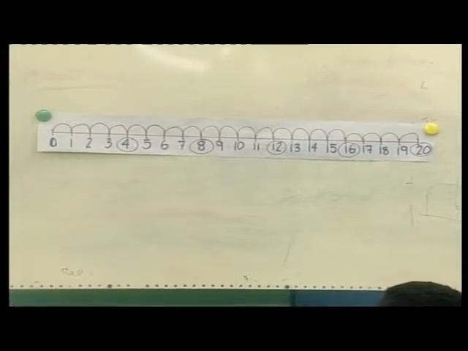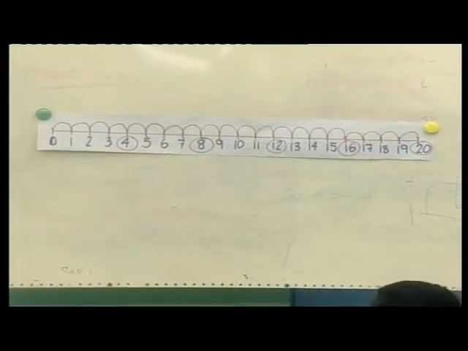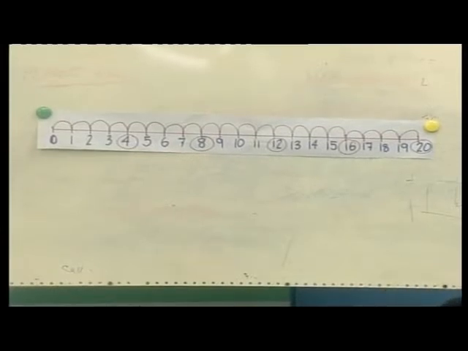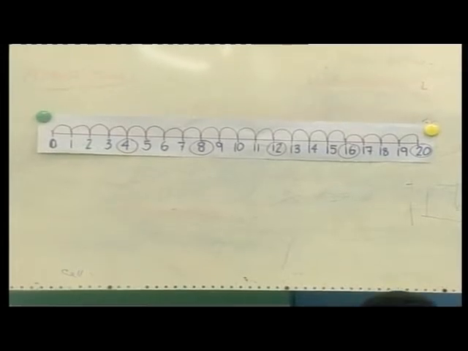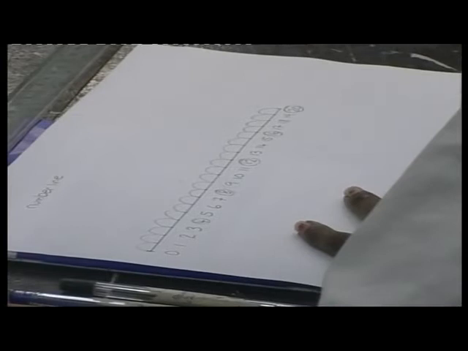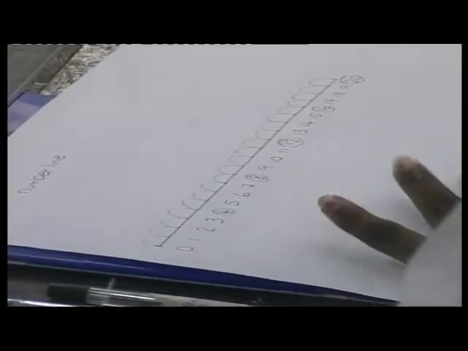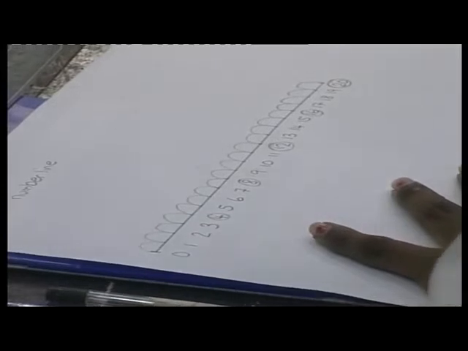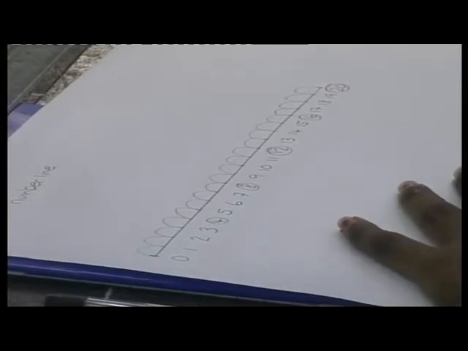Tell us. You have 4, 8, 12, 16, 20. Think, what else? Is there a pattern, anything that you can identify with the numbers?